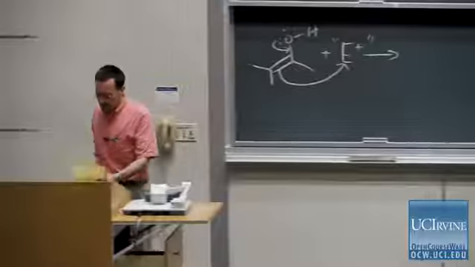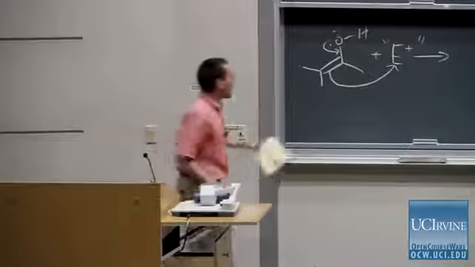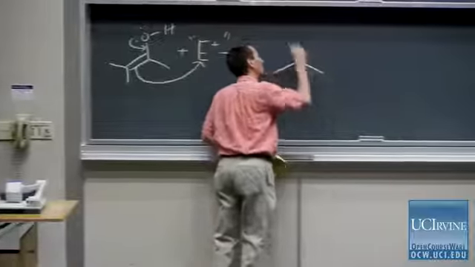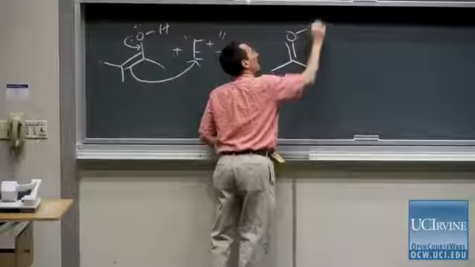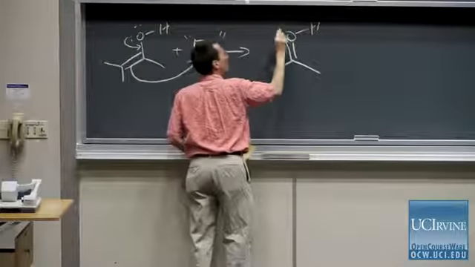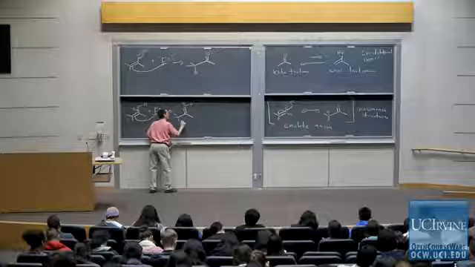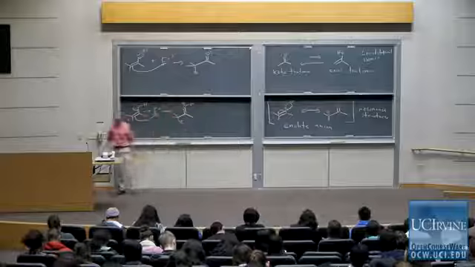And if we continue with our grammar of electron pushing, our grammar of the curved arrow, that's going to leave us with a protonated carbonyl and a bond to our electrophile.